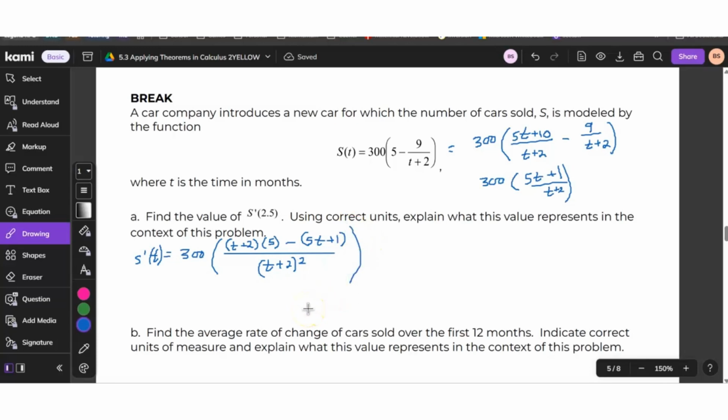D low is just 1. All right, now we should probably simplify that because I can see very easily that a bunch of that stuff's going to cancel out. So we're going to get 300 on the top here, we're going to get 5t plus 10 minus 5t minus 1.